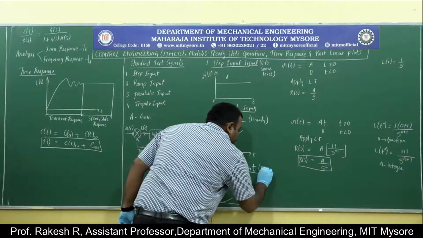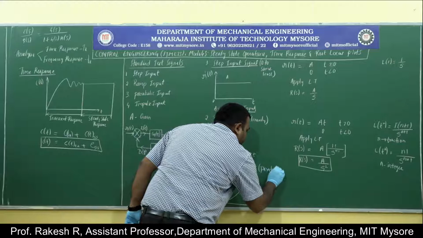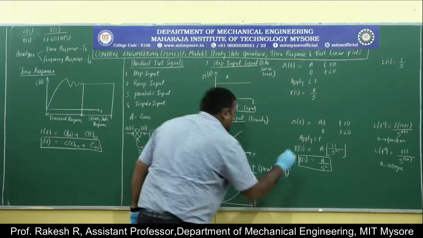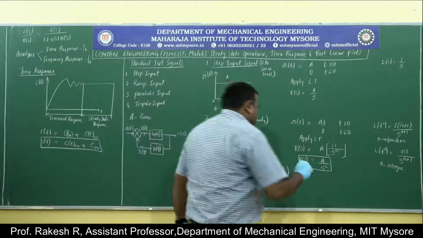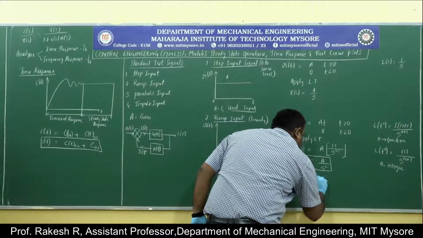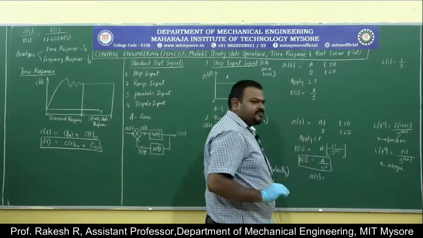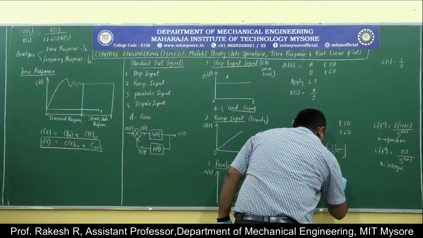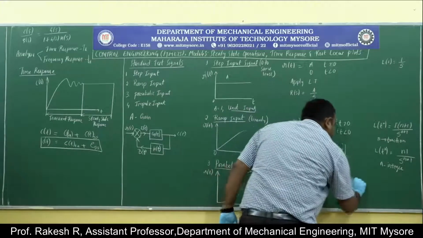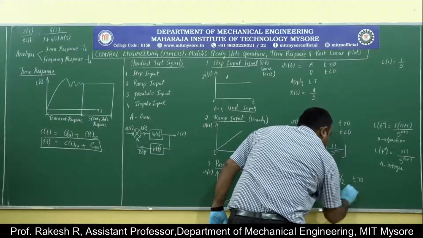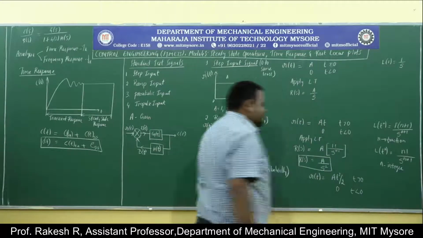So here the variation of output with respect to input is parabolic variation. Again, the reference input signal for parabolic input will be r of t equal to A t square by 2 when t is greater than 0, otherwise 0 if t is less than 0.